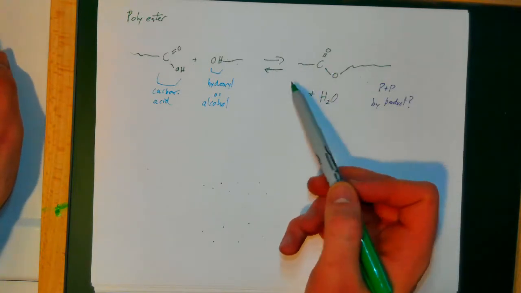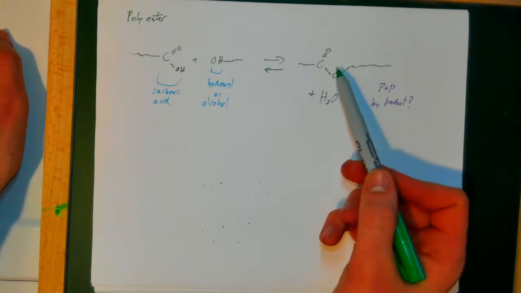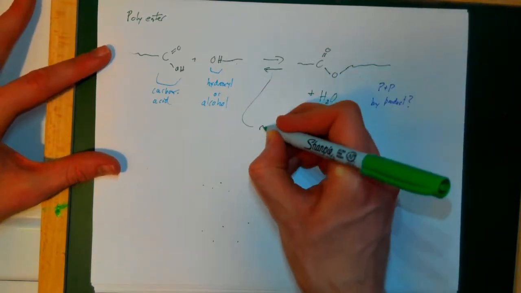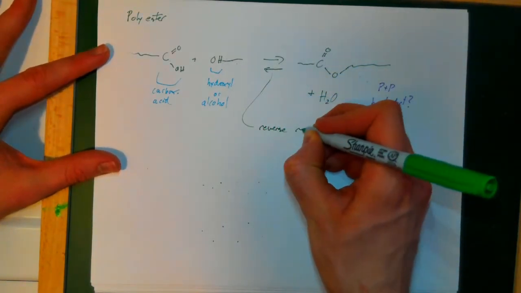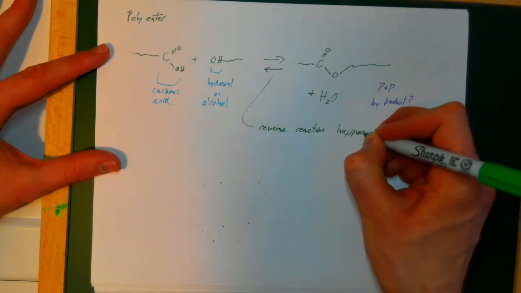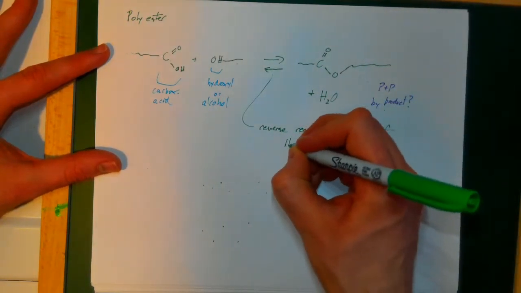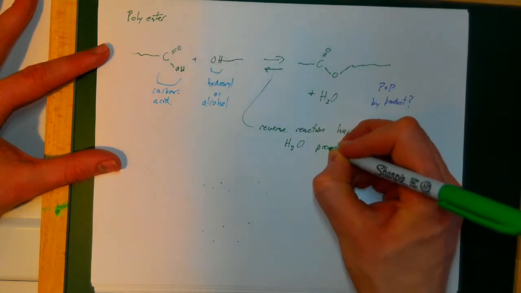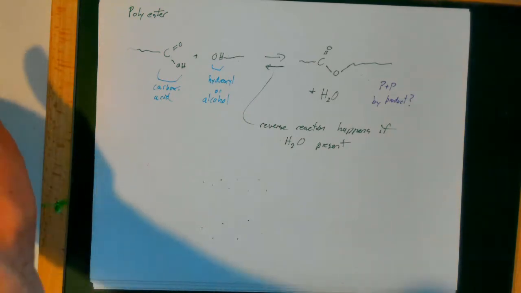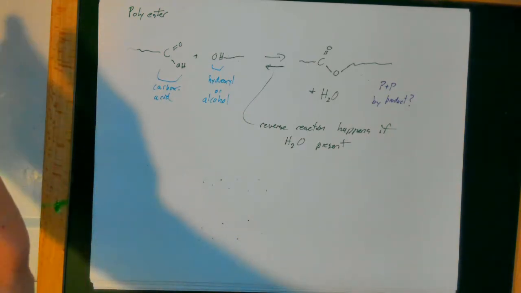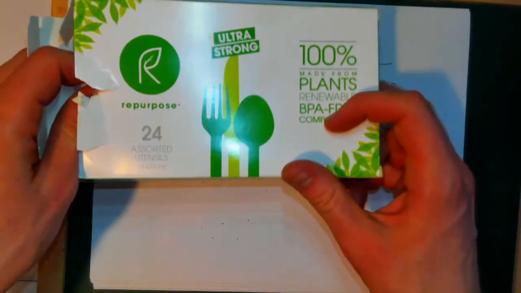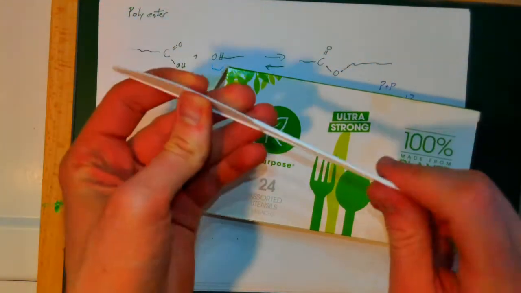So periodically, these bonds, if they're exposed to water, the reverse reaction can happen, if water's present. And that can occur, for example, in bees. So you might have seen these plastic cutlery, right?